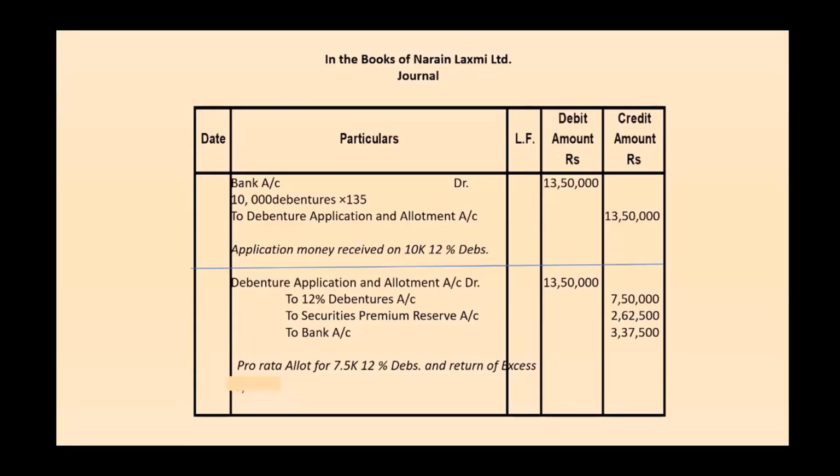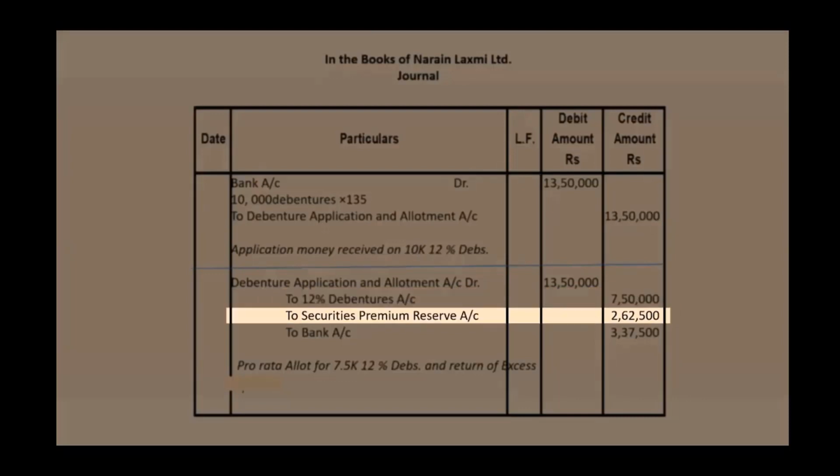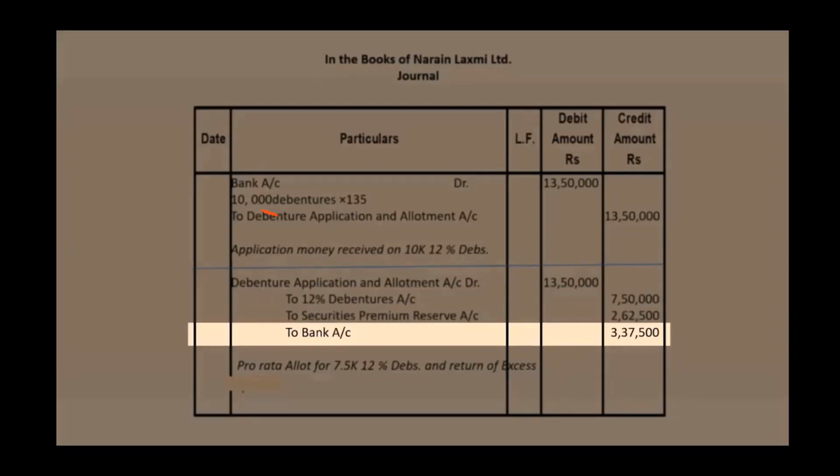Now the credit balance that was lying in the debenture application and allotment account is cancelled by this debit entry. This debit entry itself is offset by corresponding credits to the debenture account, the Securities Premium Reserve account, and the bank account.